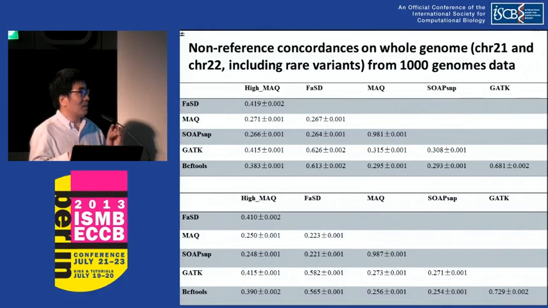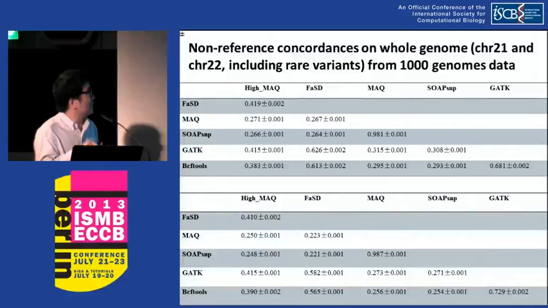And then we randomly sample 10% of the reads from that high depth genome to become a low depth genome, and then we use other programs to call it. The calling result, because at the low depth the reliability will be lower, is compared with the high depth calls from MAQ, and then we evaluate the non-reference concordance rate.